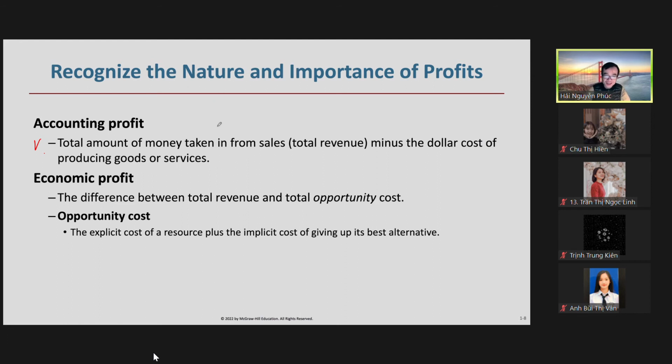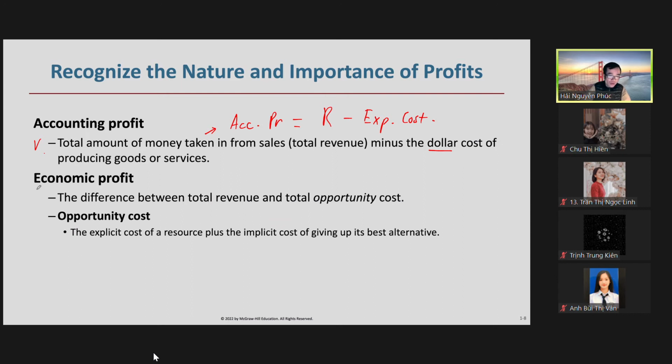Of course, this definition is quite lengthy. In short, the accounting profit is equal to the revenue subtract the explicit cost for the firms, the cost measured in terms of money.